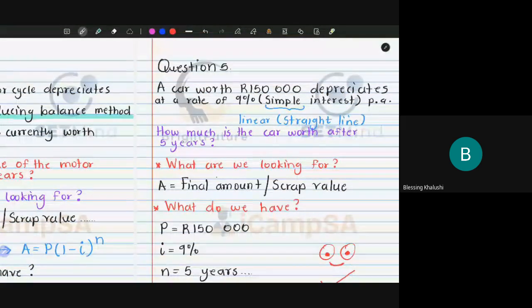So I see a question from Blessing. Maybe let me address that before we close. The question is, why don't we calculate interest amount? I'm not sure what your question is there, Blessing. Maybe you can just try and unmute.